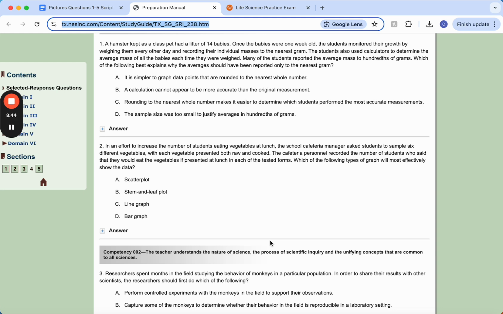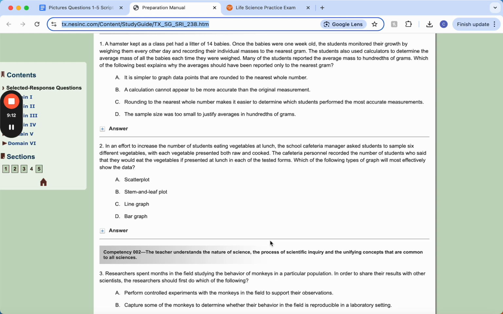The cafeteria personnel records the number of students who said that they would eat the vegetables, if presented at lunch, in each tested form. Which of the following types of graph will most effectively show the data? So then we have A is a scatter plot, B is called a stem and leaf plot, C is a line graph, or D is a bar graph.